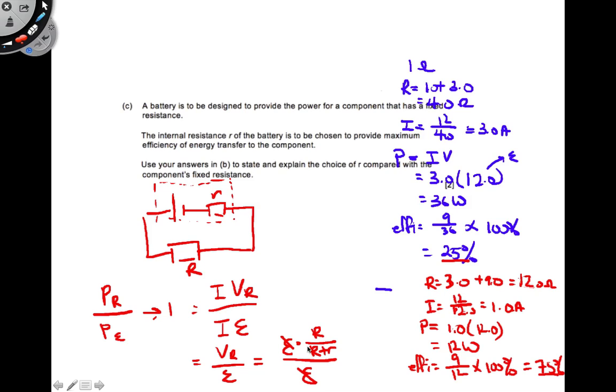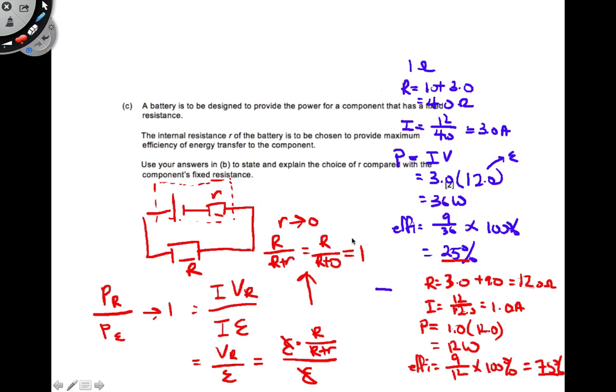In order for this to be maximized, as close to 1 as possible, what should I do? If you are able to reduce your r, if your r tends to 0, your whole relationship will be R over R plus small r, and this will be almost 1.